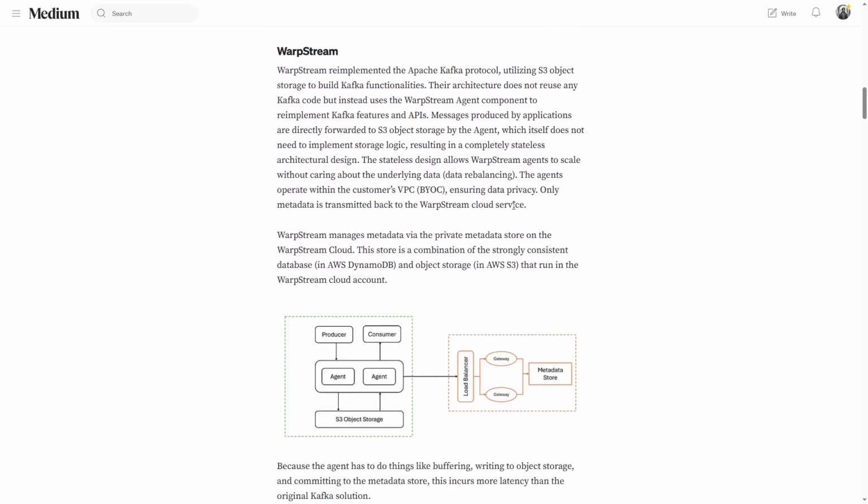After this tiered storage, there was another attempt by the folks from WarpStream.